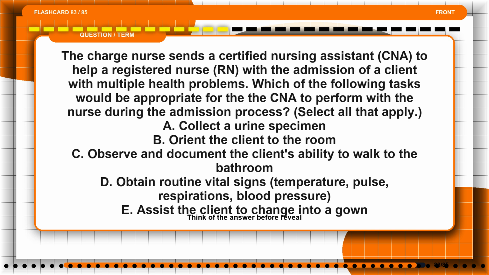A. Collect a urine specimen. B. Orient the client to the room. C. Observe and document the client's ability to walk to the bathroom. D. Obtain routine vital signs: temperature, pulse, respirations, blood pressure. E. Assist the client to change into a gown. Think of the answer before the reveal.